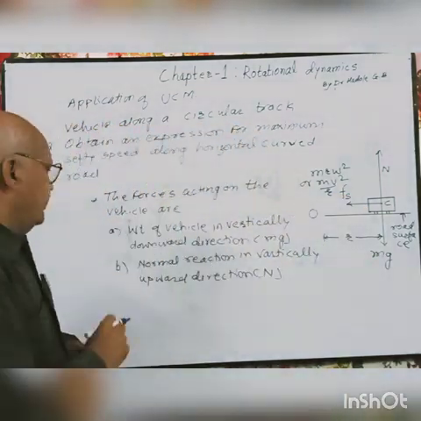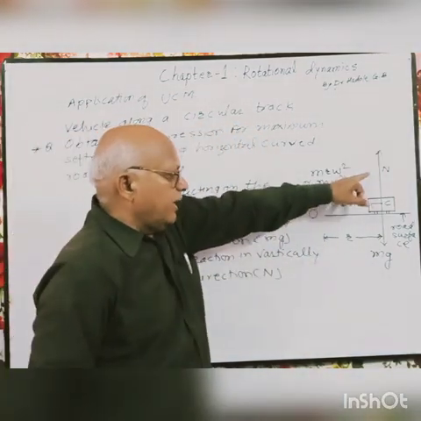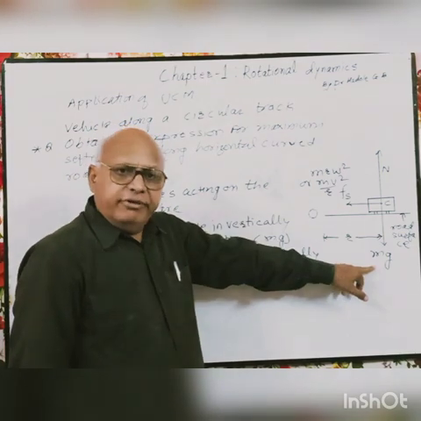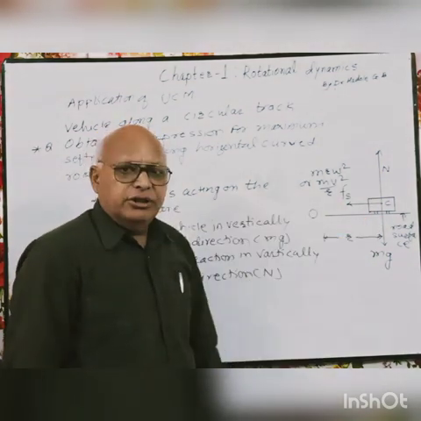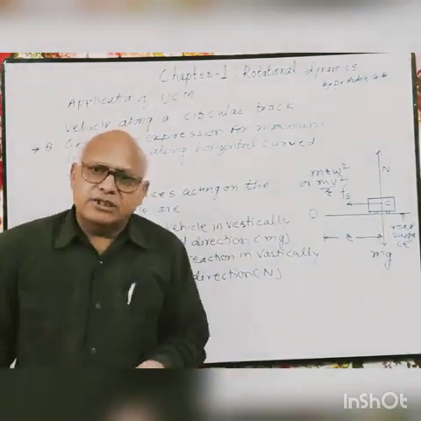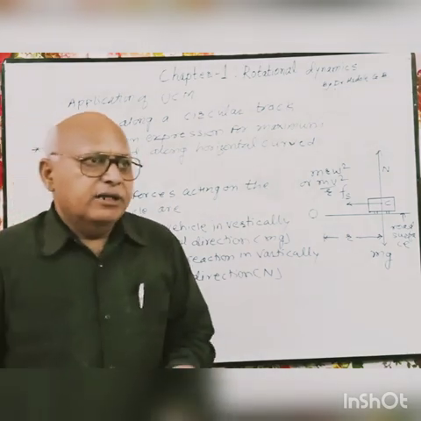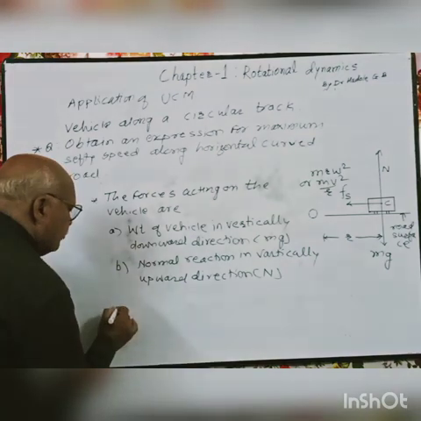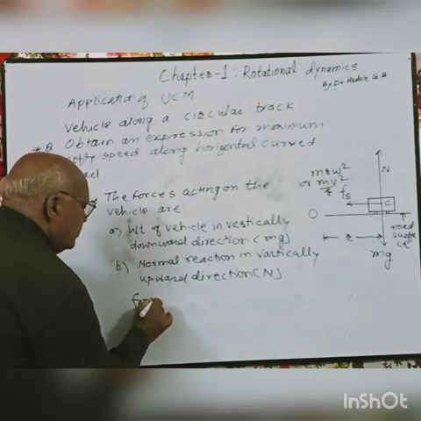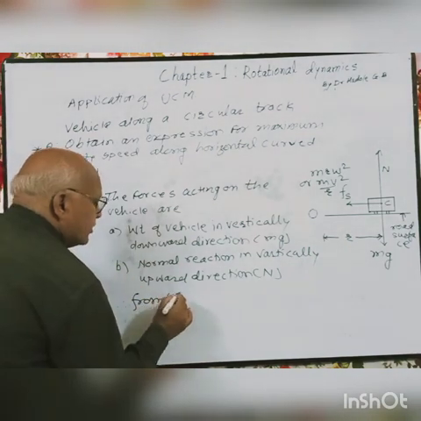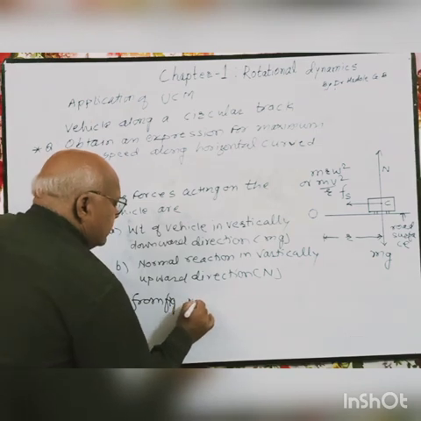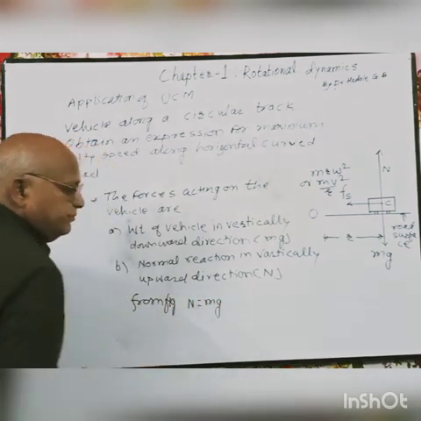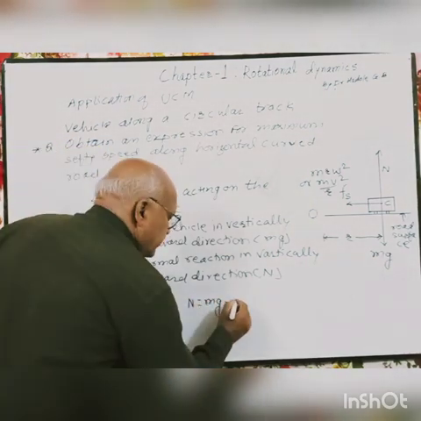Now, from this figure, the normal reaction and the weight of the vehicle are opposite in direction. Therefore, they cancel each other, or we can say these two vectors are balanced. And therefore, we write from the figure N equal to m into g. This is, suppose, equation number 1.